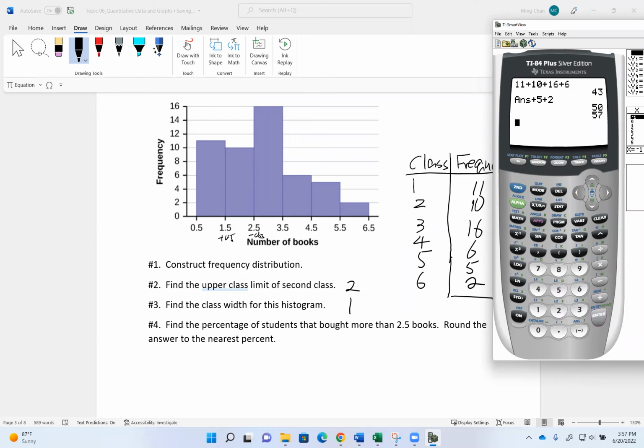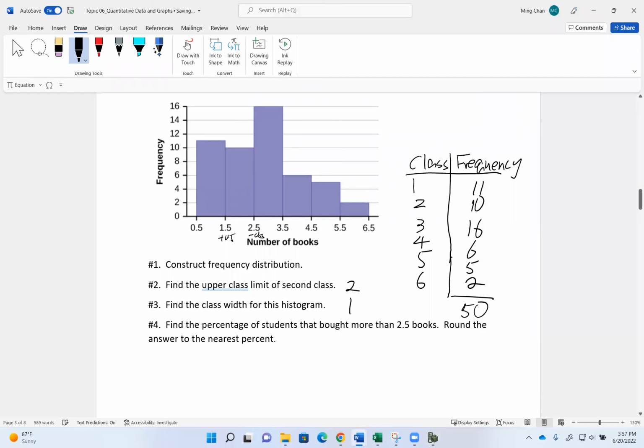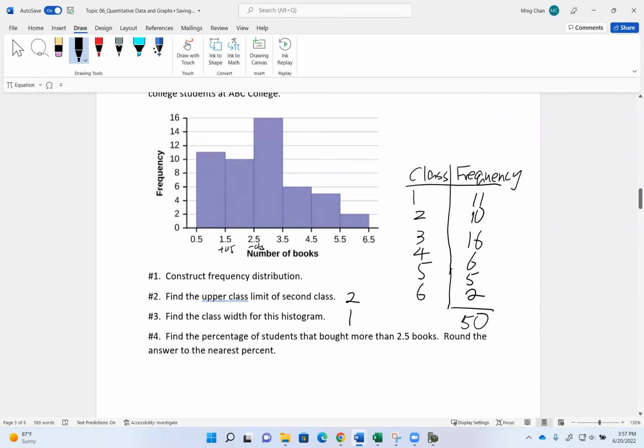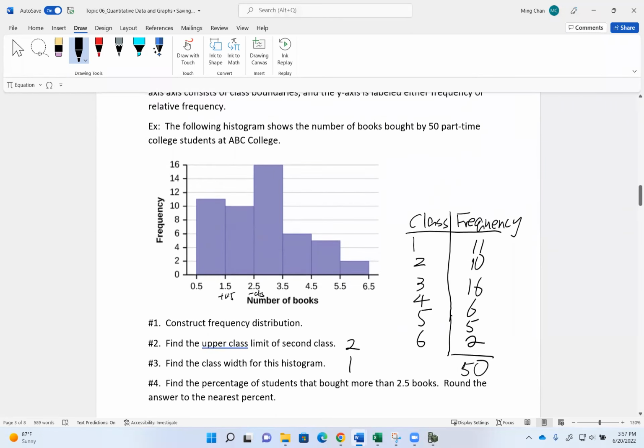All right, so that's 50 students. But the percent of students that bought more than 2.5 books is referring to the bars to the right. All these are more than 2.5 books.